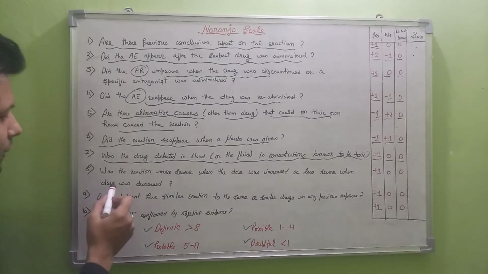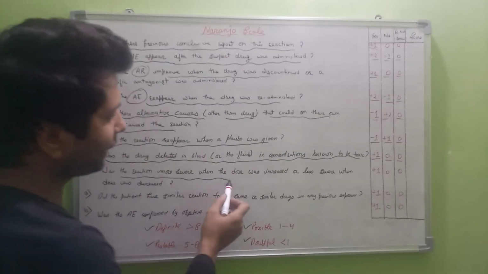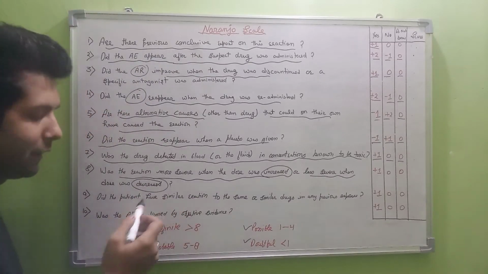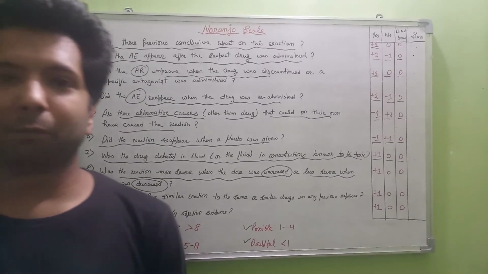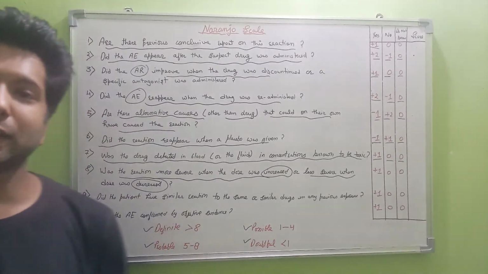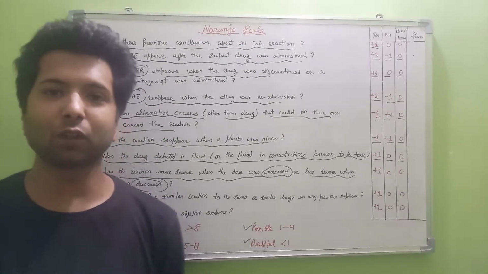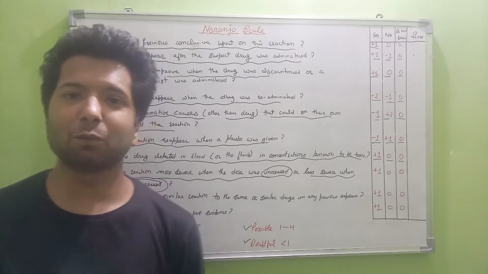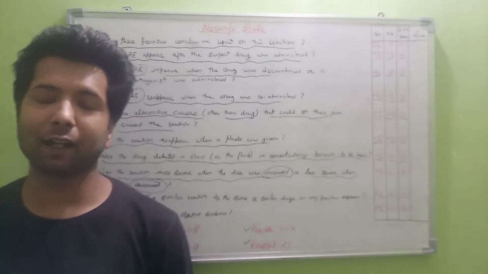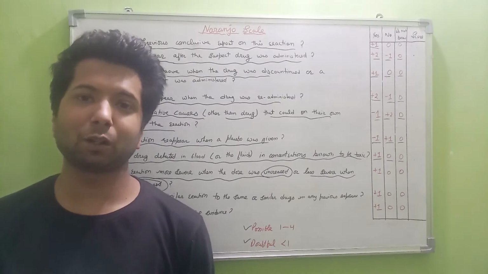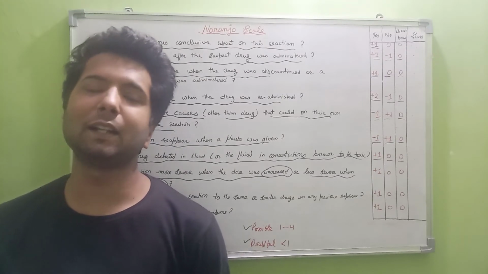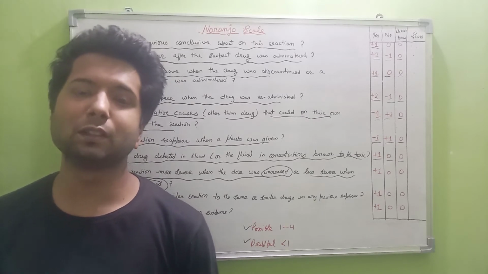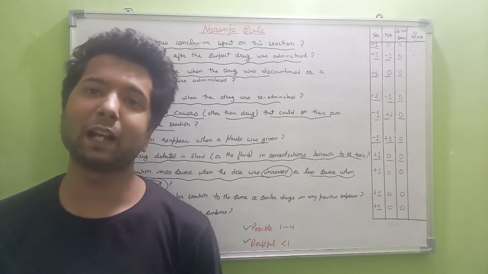The next question is, was the reaction more severe when the dose was increased, or less severe when the dose was decreased? Suppose the patient is on paracetamol therapy and took a 500 mg tablet of paracetamol, and after taking it the patient developed the skin rash. So we will increase the dose, that is, we will give 650 mg to the patient.